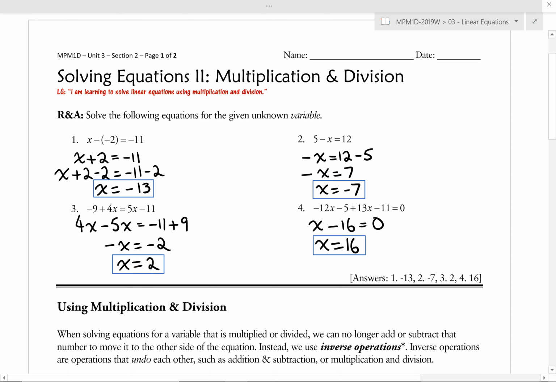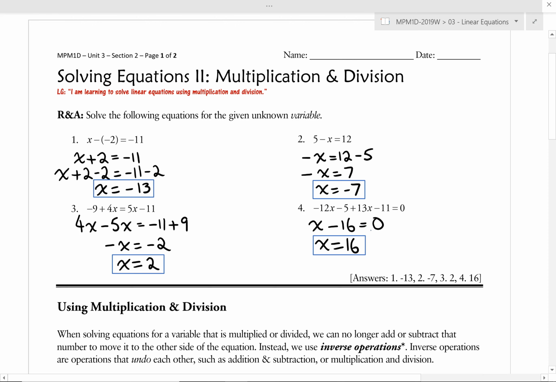Okay, and finally, for number 4, x minus 16 equals 0. How did we get that? Well, really, I noticed that we had minus 12x's and plus 13x's, which adds to 1x, one positive x. We also have minus 5 and minus 11, which is a total of minus 16. And so combining those two things together gives us this x minus 16 equals 0.